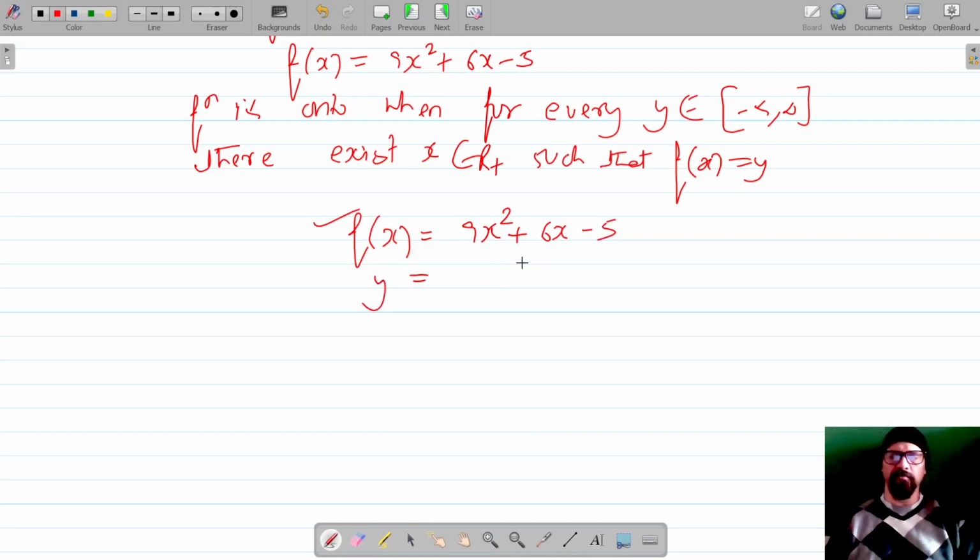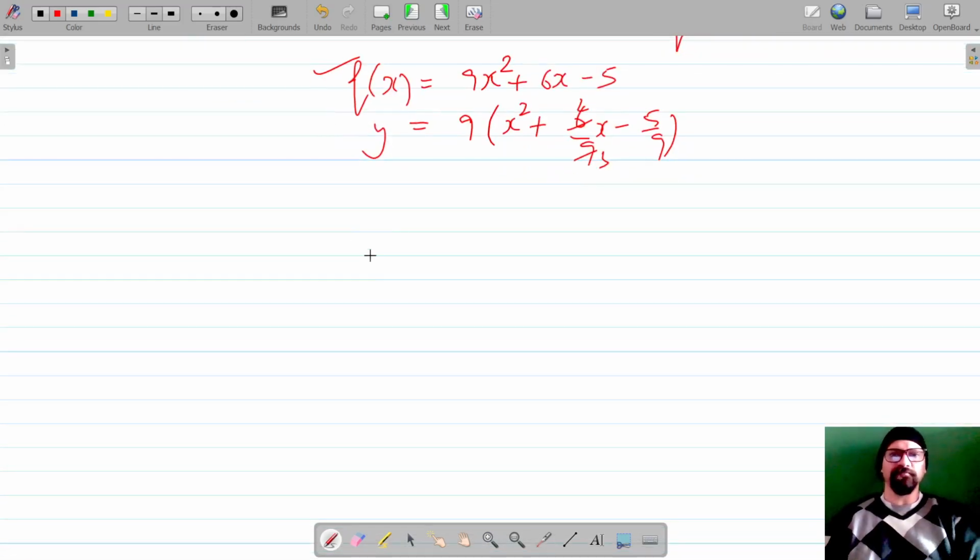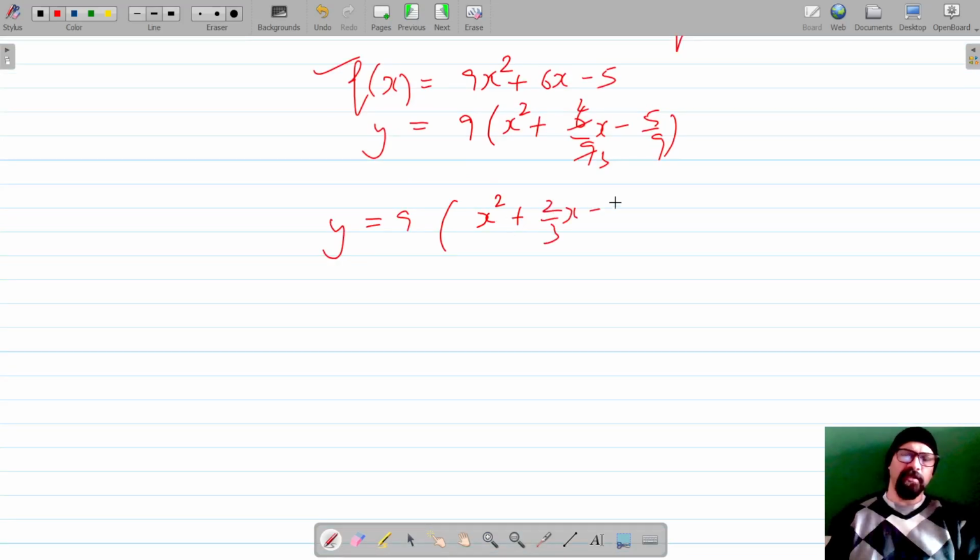Let's try to get it into some known form, a minus b or a plus b the whole square. So I'm going to take 9 common, so we are left with x squared plus 6 by 9x, which is 2 by 3x, minus 5 by 9.